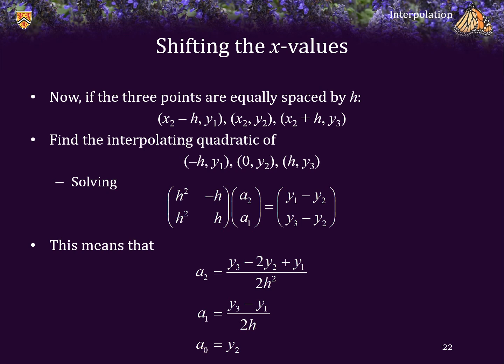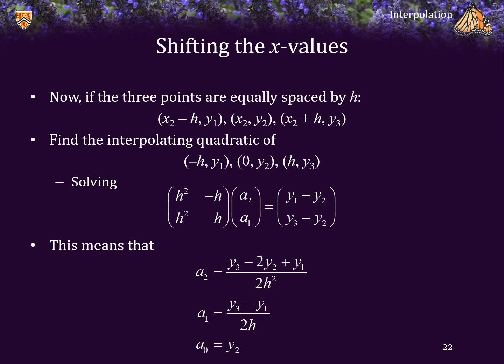The coefficient of x squared is y3 minus 2y2 plus y1 all over 2h squared, and the coefficient of x is just y3 minus y1 over 2h, which, as you can see, is simply a slope. All right.